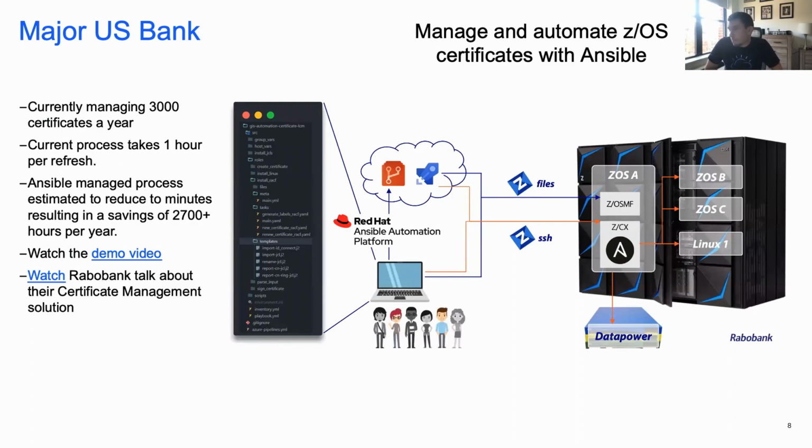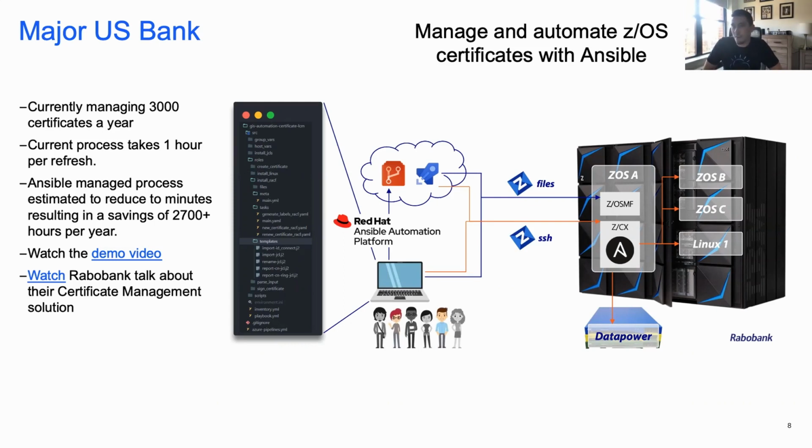Okay, so here we go with the certificate management use case that I've said has been our most popular one that we've worked on with clients. Specifically, there are two banks represented on this chart, because one I don't have approval to talk about externally with their name. But this bank that we've worked with manages 3,000 certificates a year, right?